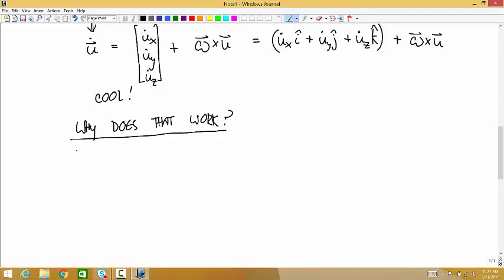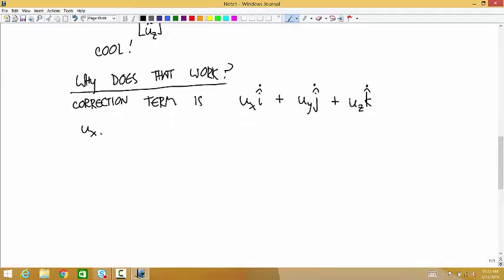Well, the correction term is, how many times am I going to write this today? Yeah, ux times i dot plus uy times j dot plus uz times k dot. The meaning of ux, uy, and uz has an obvious meaning.